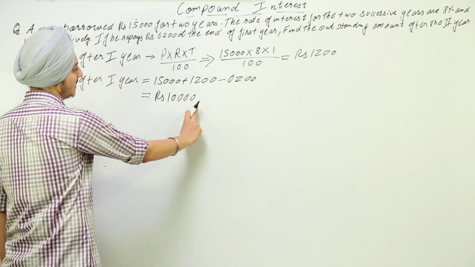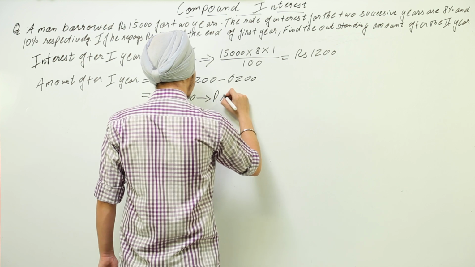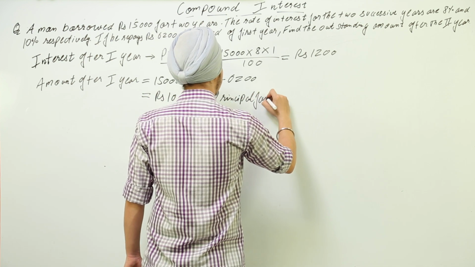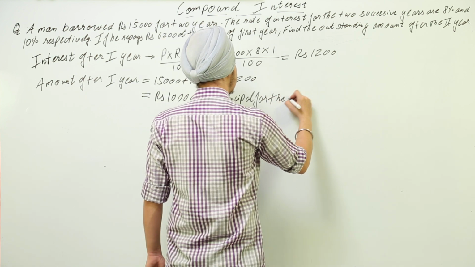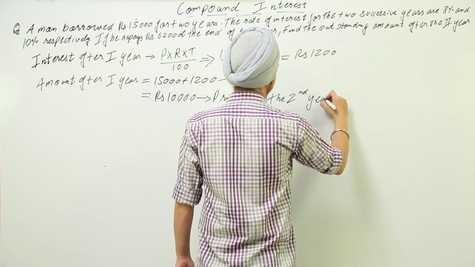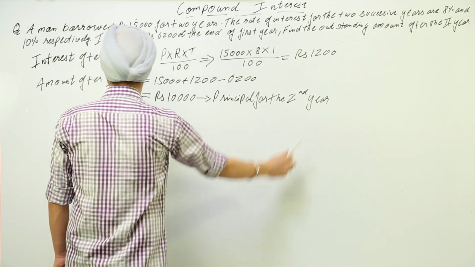Now this is also the principal for the second year. Now 10,000 is the principal for second year.